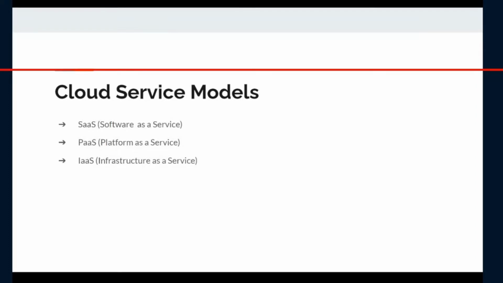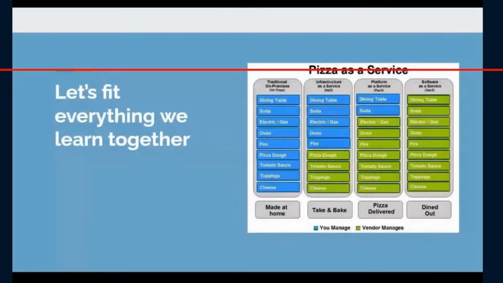Let's put everything together and make it simpler and easier. This is like making and cooking pizza at home.